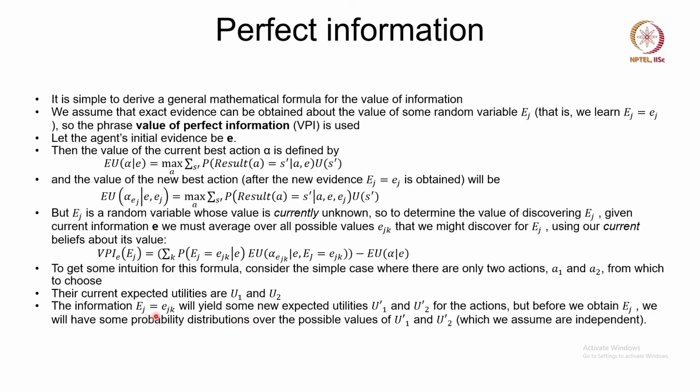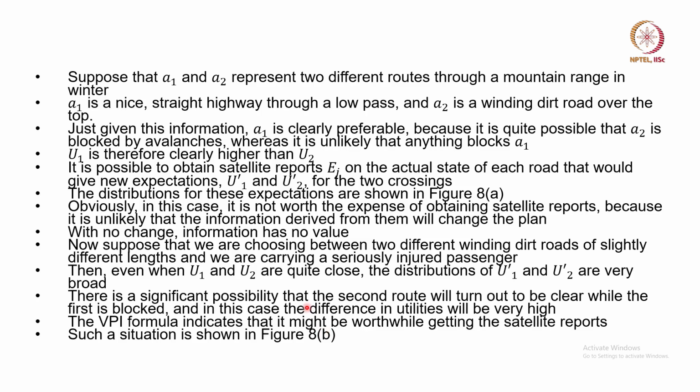Suppose you had utilities U1 and U2, and when you use EJ you may get U1 dash and U2 dash. It's something like saying, suppose you have two routes A1 and A2 through a mountain range, and A1 is a nice straightforward highway, and A2 is a winding dirt road.